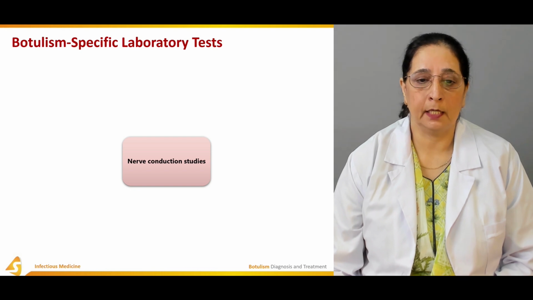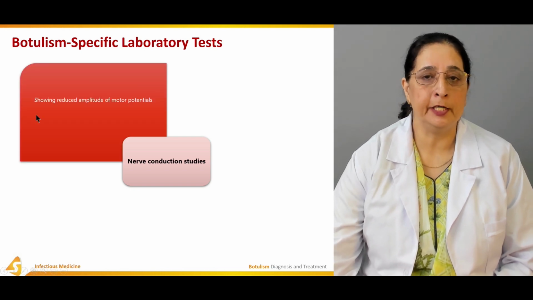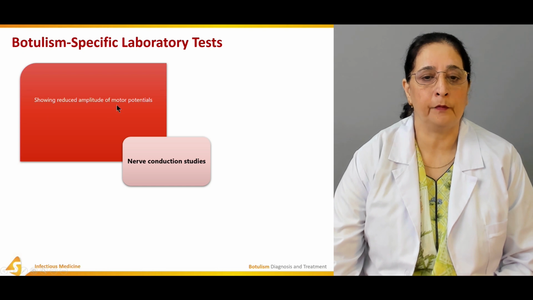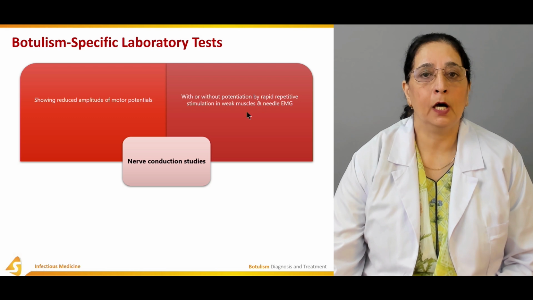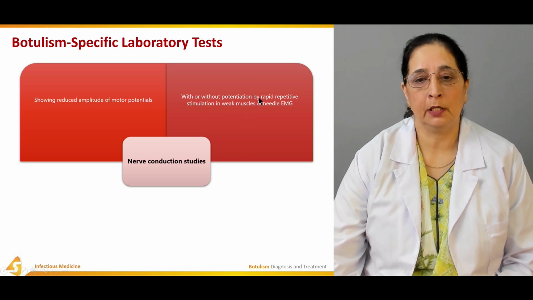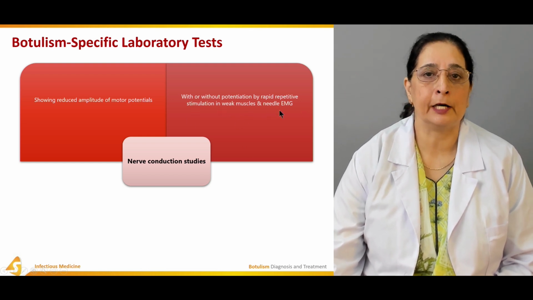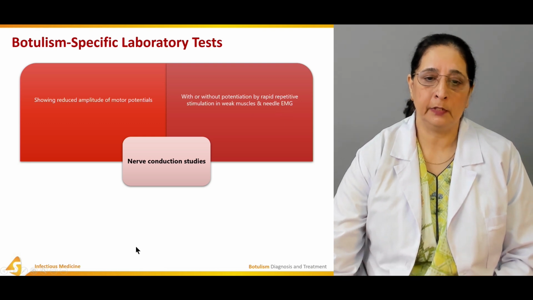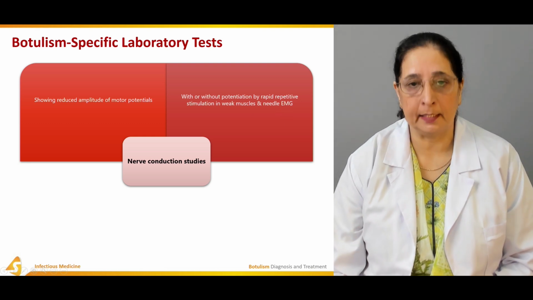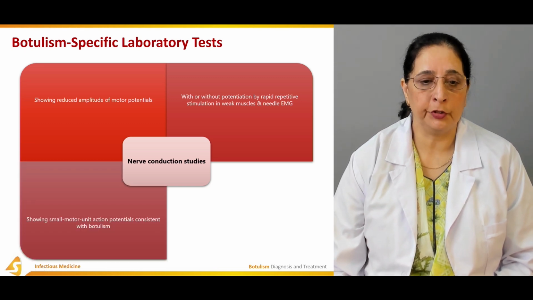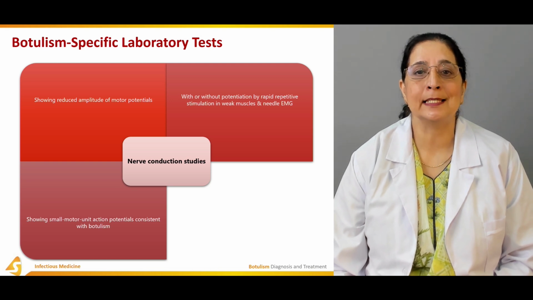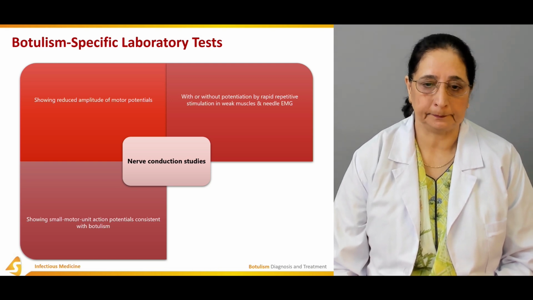Nerve conduction studies showing reduced amplitude of motor potentials, with or without potentiation by rapid repetitive stimulation in weak muscle, and needle electromyogram. So nerve conduction studies are an important study, showing small motor unit action potentials consistent with botulism.